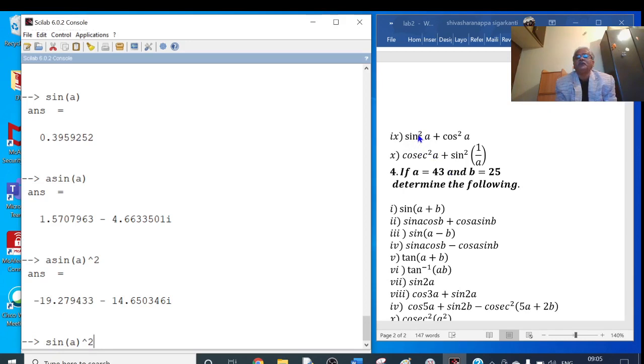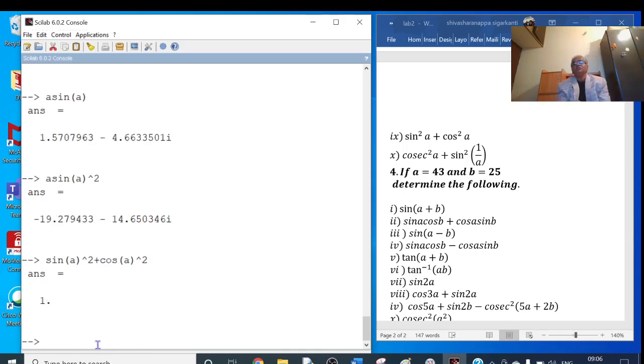The meaning of sine square A is sine A whole square. So this is sine A square plus cos A square. The cos square A is here cos bracket A, power 2. This is sin square A plus cos square A. This is equal to 1.